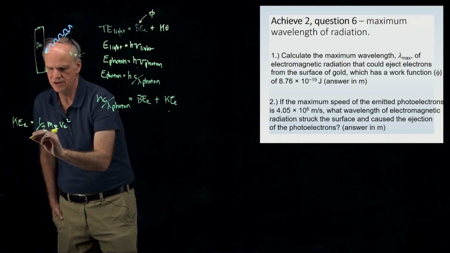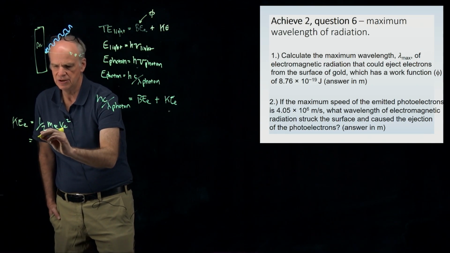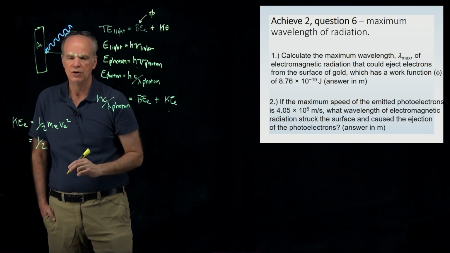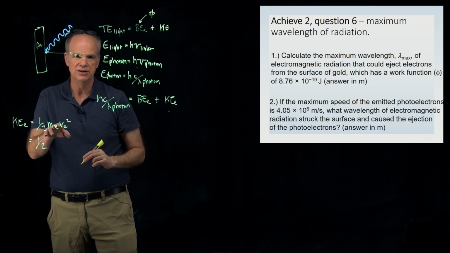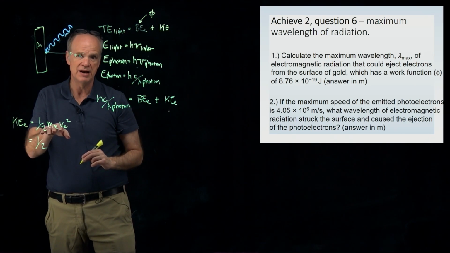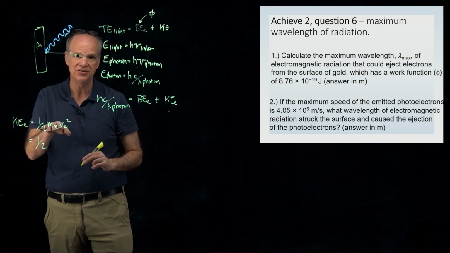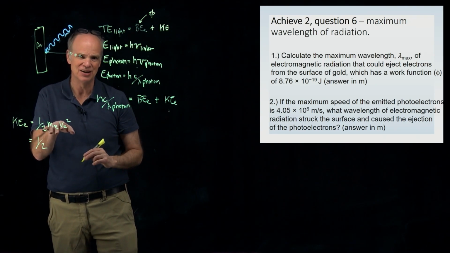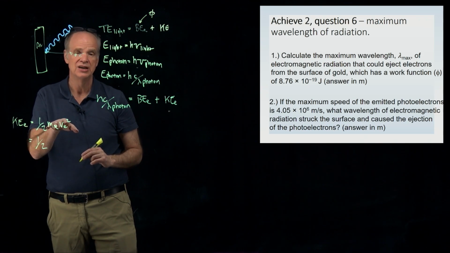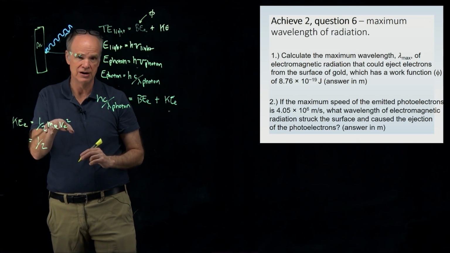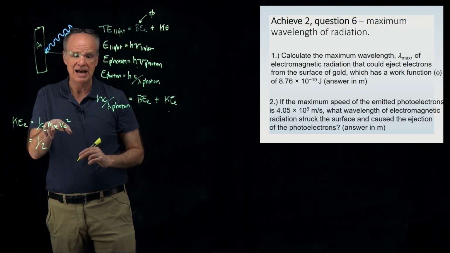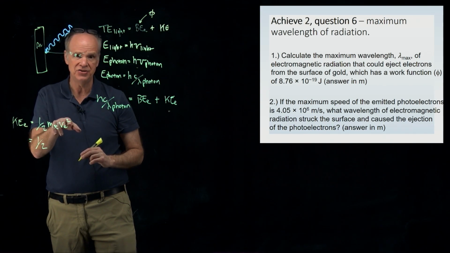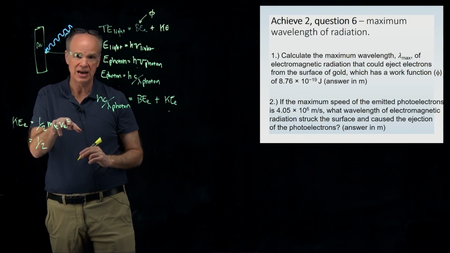So let me show you how you do that. It's going to be 1/2. One thing you may be wondering is, do I need to use the mass of an electron? The answer is yes. Another thing you may be wondering is, do I need to use the mass of the electron in grams or kilograms? You have to use it in kilograms. The reason is, when mass is in kilograms and velocity is in meters per second, when you square velocity, that'll be meters squared over seconds squared.